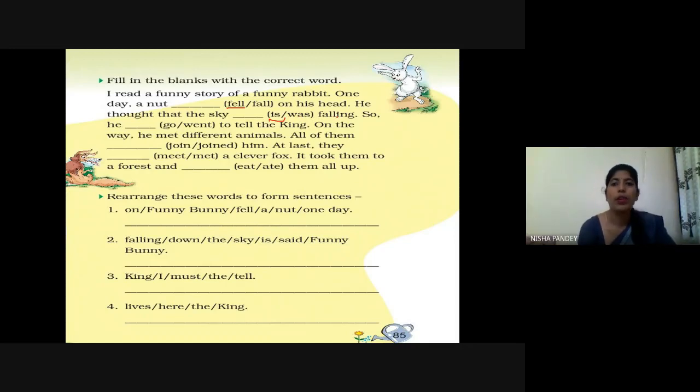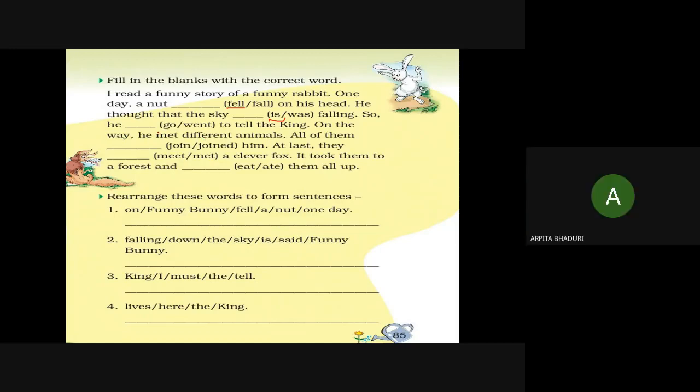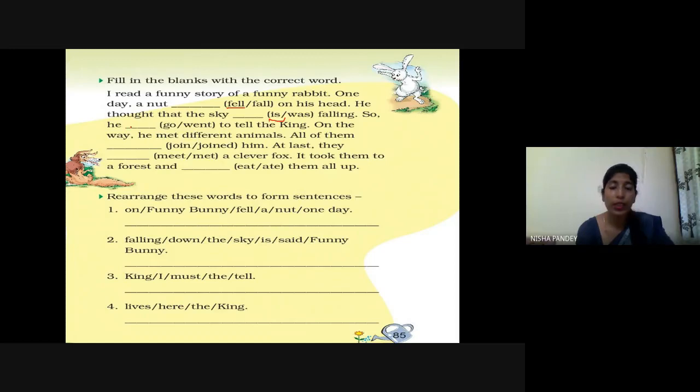Yes, so is will come here. So he went to tell the king. So go or went. Go means jana, right? And went is a past form of go. So what will come here? Ma'am, went. Yes. So he went to tell the king.